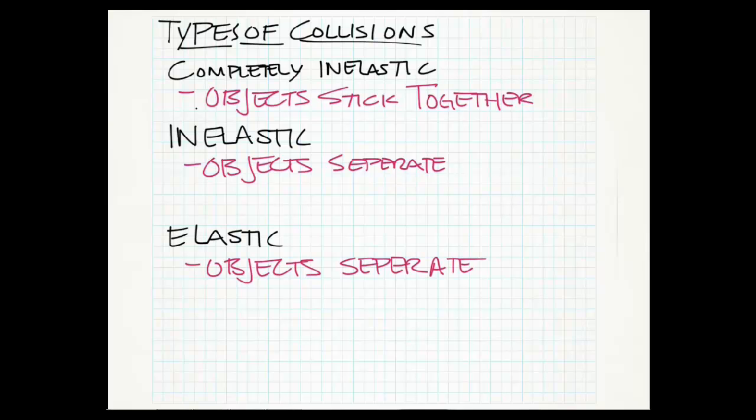So, these are our three types of collisions. Completely inelastic, they stick together. Inelastic and elastic, they separate. But for inelastic and elastic, there is another difference that we really need to talk about.